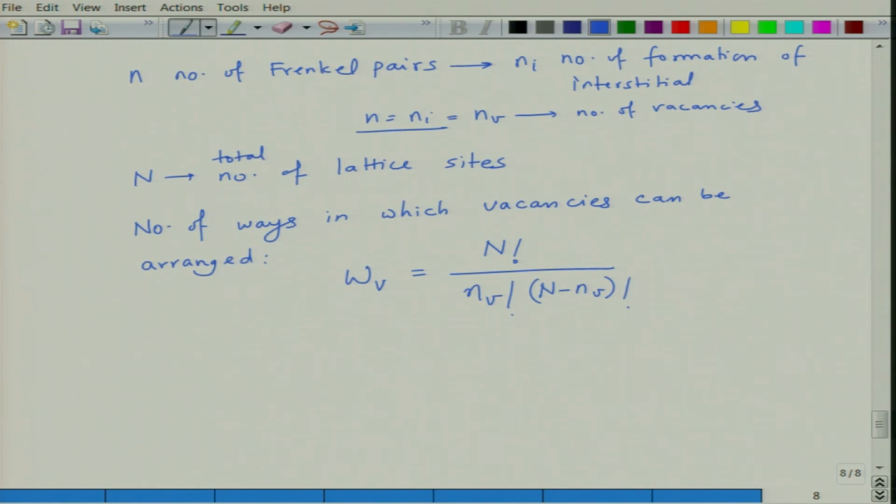Similarly, we have the number of ways in which interstitials can be arranged.